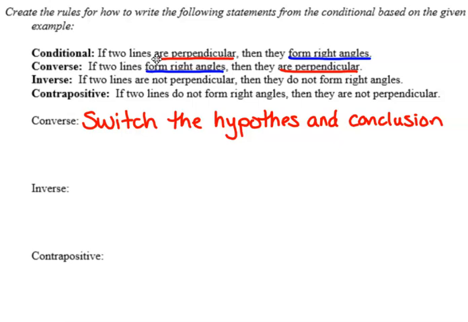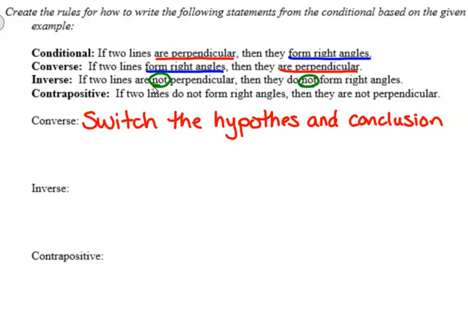So if I look now at the inverse, if 2 lines are not perpendicular, then they do not form right angles. So the idea is I'm still comparing this back to the original, but look at what's changed. I've got these nots now, right? Those were not in the original sentence.